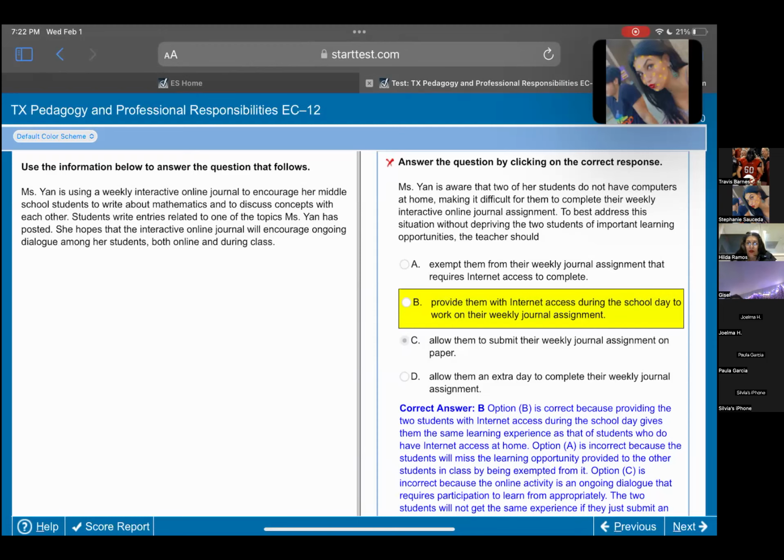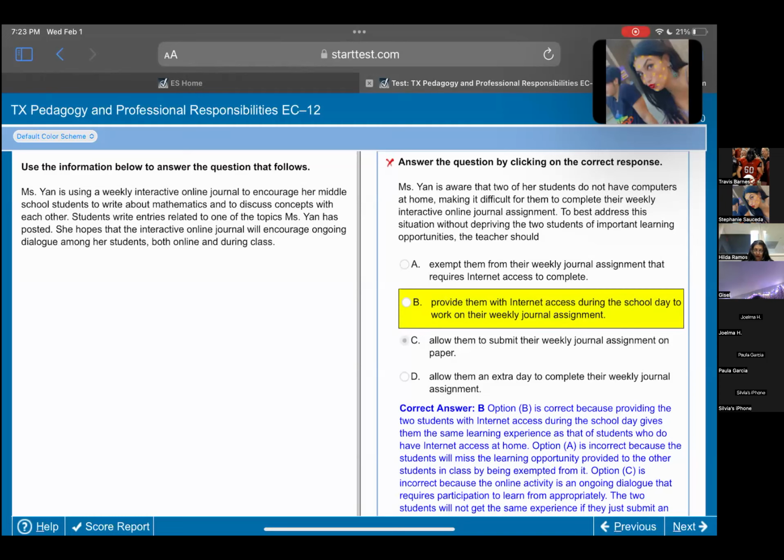If we're instructing, we can't give them time to do other things, because they need to be there for instruction. So B is correct, because providing the two students with internet access during the day gives them the same learning experience as that of the students who do not have internet access at home. The best way to rectify this would be to have them use devices, and most campuses nowadays actually do have student devices that are assigned to them.